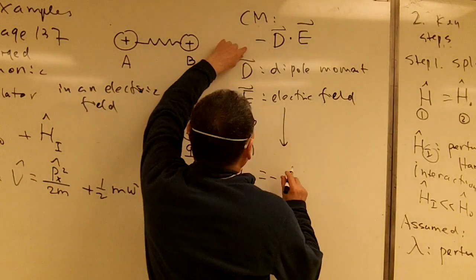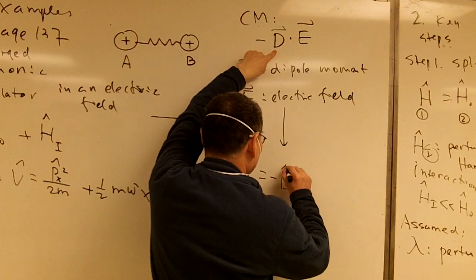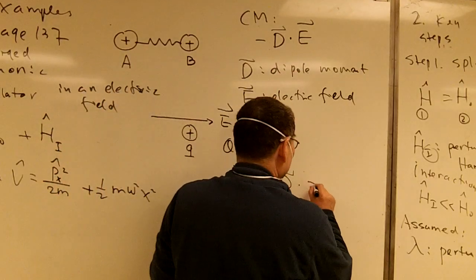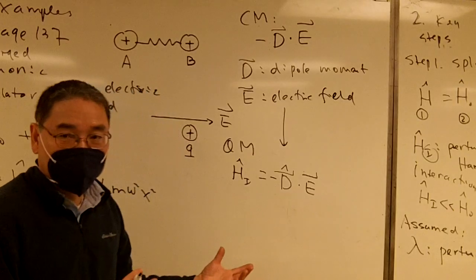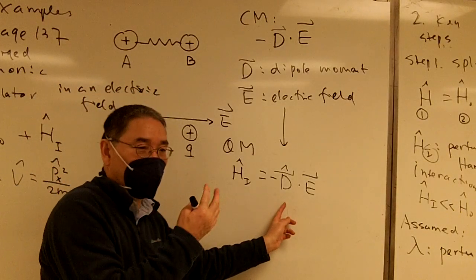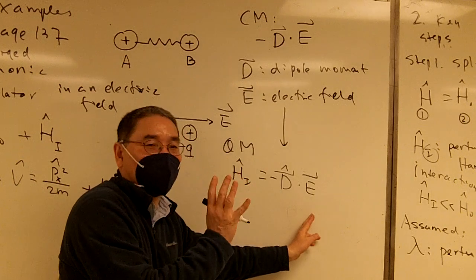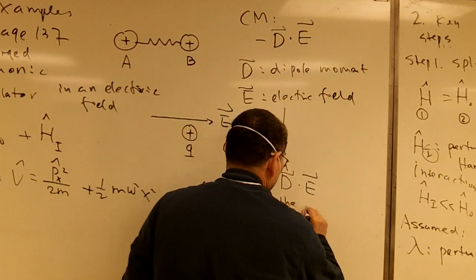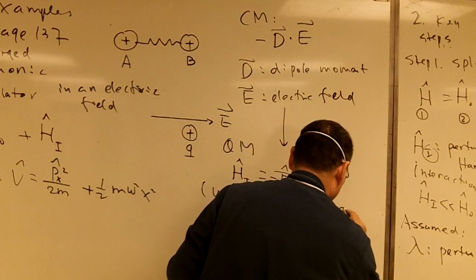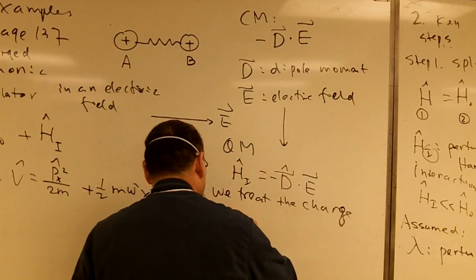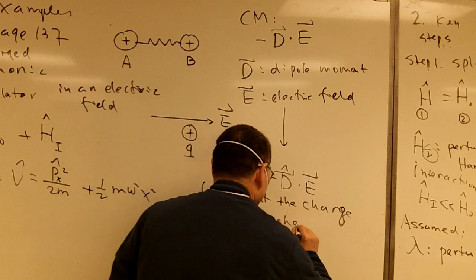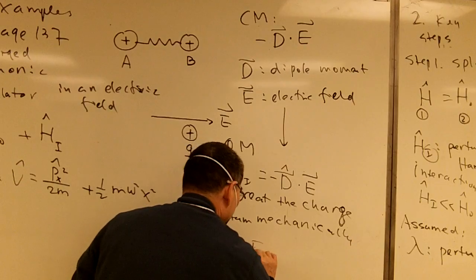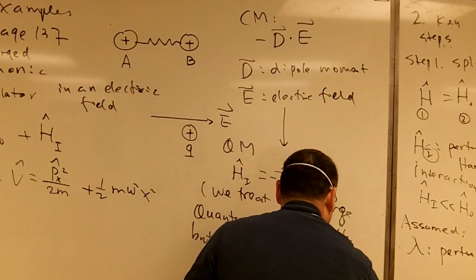Did you see I have a D here? This D will become an operator, a quantum mechanical operator. E is not an operator. So in other words, we treat the charge quantum mechanically, but the electrical field classically.